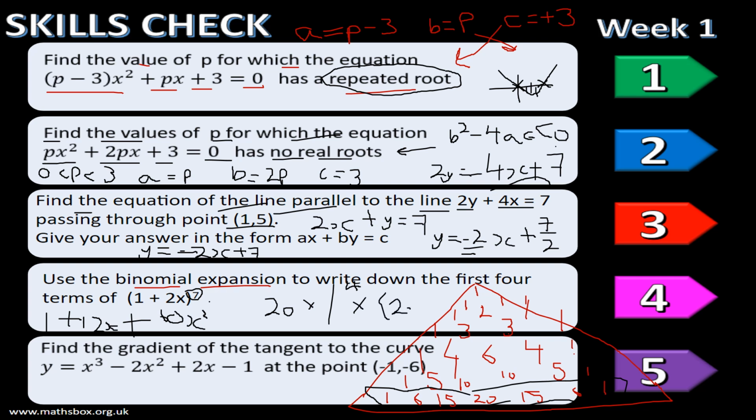Remember, the powers have to add, in this case, to make 7. So 4 plus 3 makes 7. And then this is my constant, the nCr number, for the fourth term. So that'll be 8x cubed times 20, so that'll be 160x cubed.